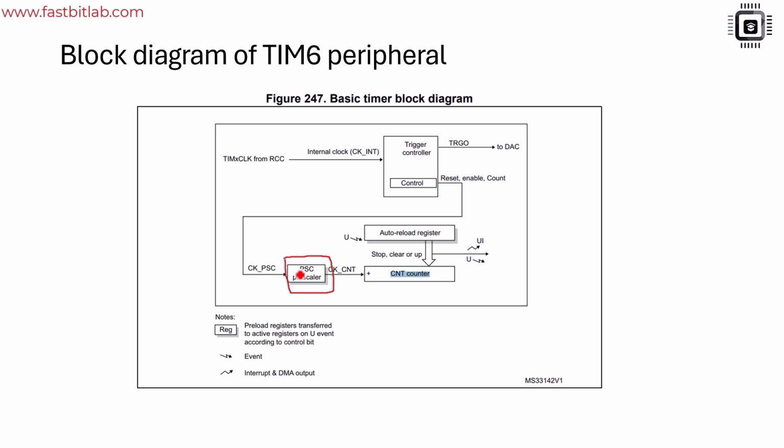By configuring this, you can control this clock by dividing it. And this clock is the main clock which comes from the RCC block of the microcontroller, that is the reset and clock control unit. So you can treat this as the main clock, and it can be divided using the prescaler to slow down the counting clock.